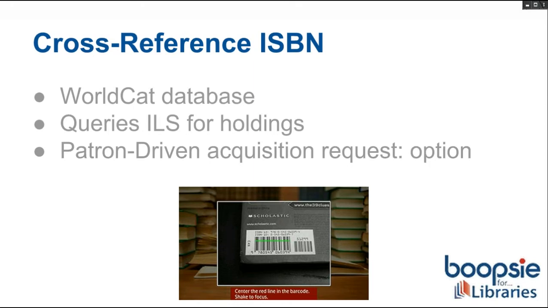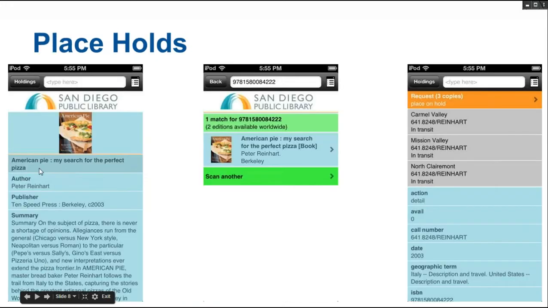It then uses that list to query the local library ILS for holdings. The nice thing is, if your library doesn't own that book yet, you have an option to link to a patron-driven acquisition request form if the item's not found, and then your patrons can let you know if they would like that item in your library.